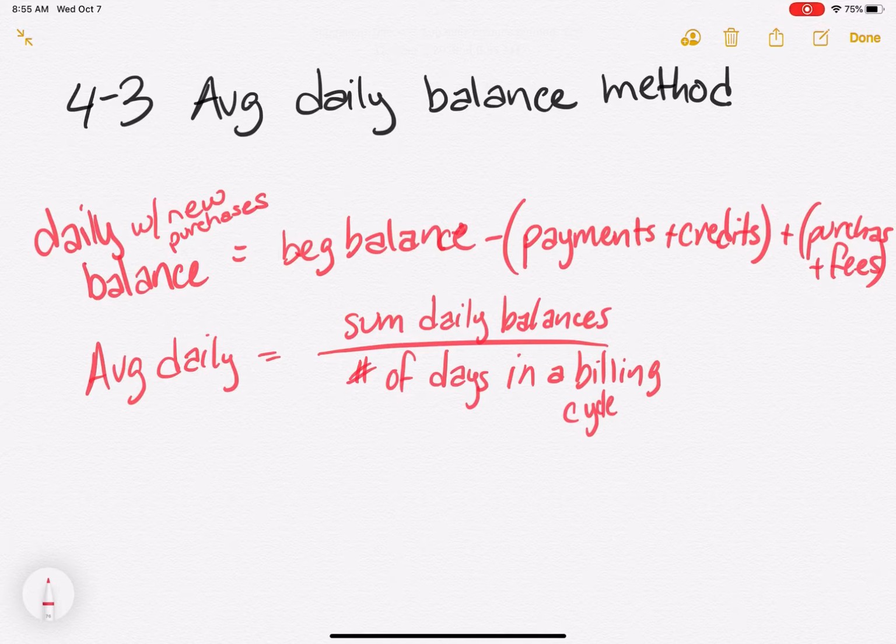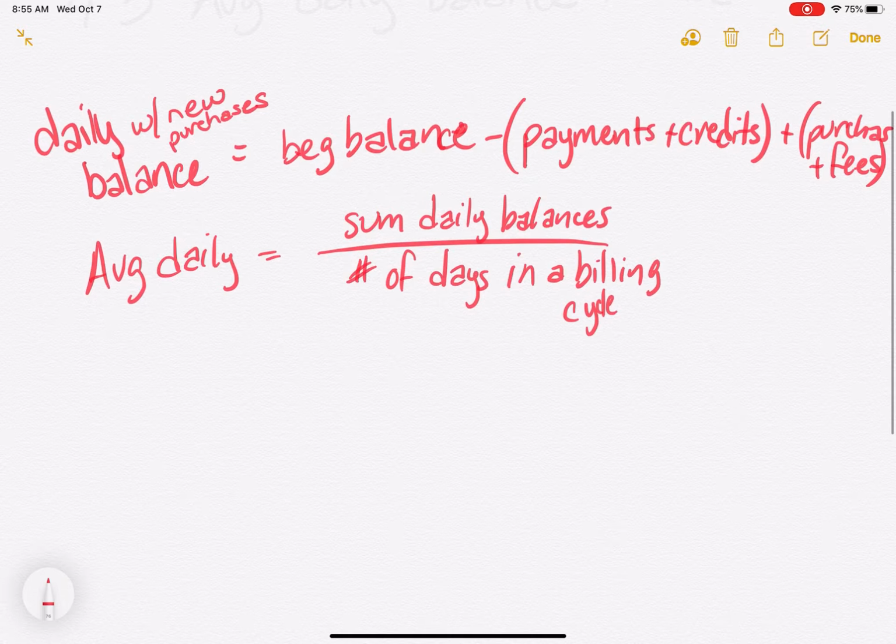So the balance on your credit card changes every day, right? Depending on how much money you spend and depending on the payments that you put into it. So we need to find the average balance, okay? And then we can find out our new balance. So our new balance, this is what we did yesterday.